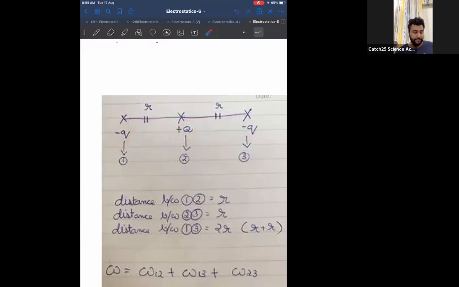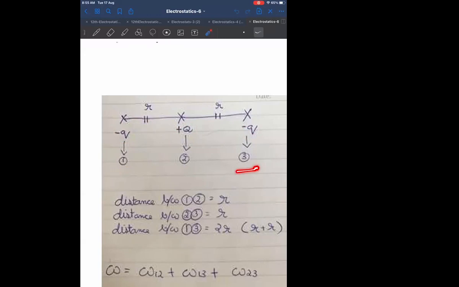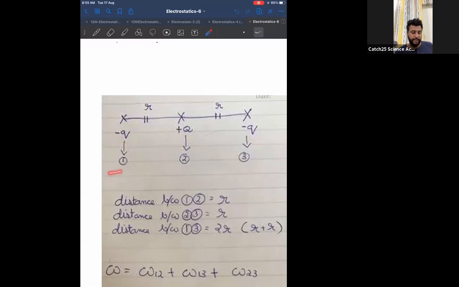I will take this as my charge 1, this as charge 2, and this as charge 3. Listen carefully: minus Q I'll take as charge 1, plus Q as charge 2, and this as charge 3. They are placed at equal distance, so let me assume the distance is small letter r. Look at the screen carefully.